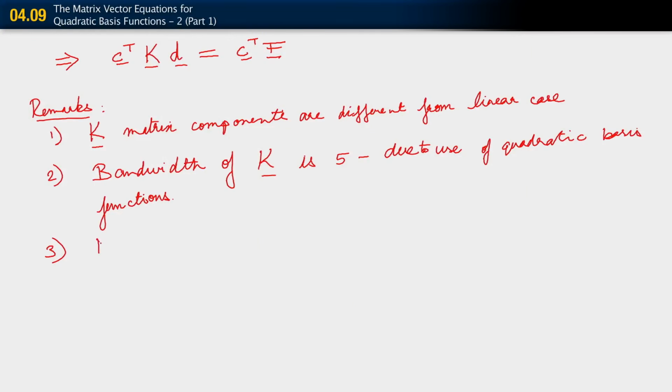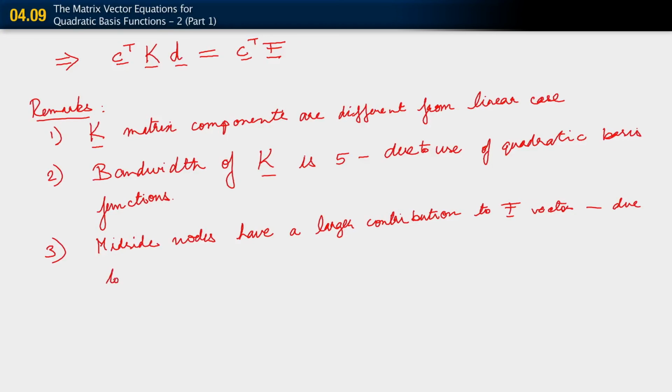So, mid-side nodes have a larger contribution to F vector. Okay, also due to the use of quadratic basis functions.